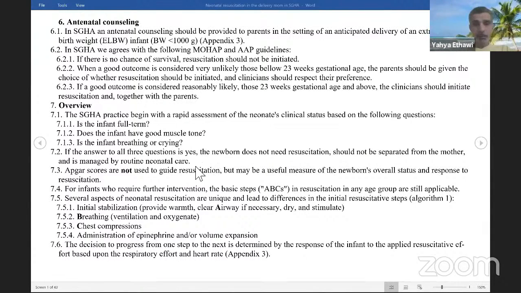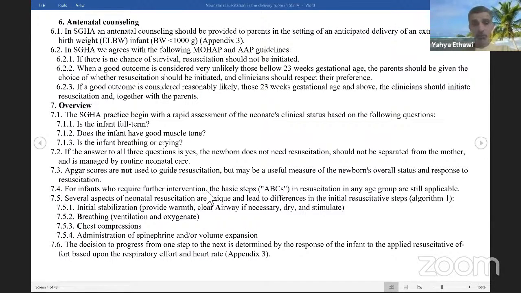If the answer to these 3 questions is no, then NRP should be initiated, and we start with the first 30 seconds of positioning, warming, clearing the airway, tactile stimulation, and so on.